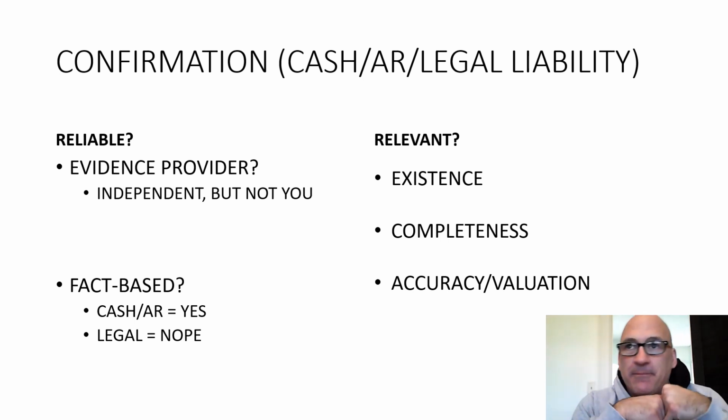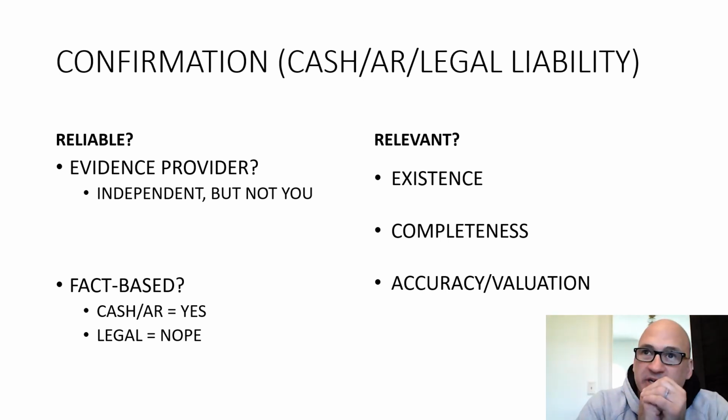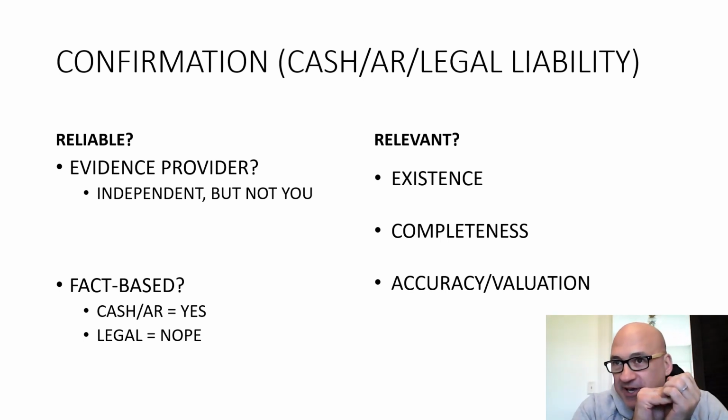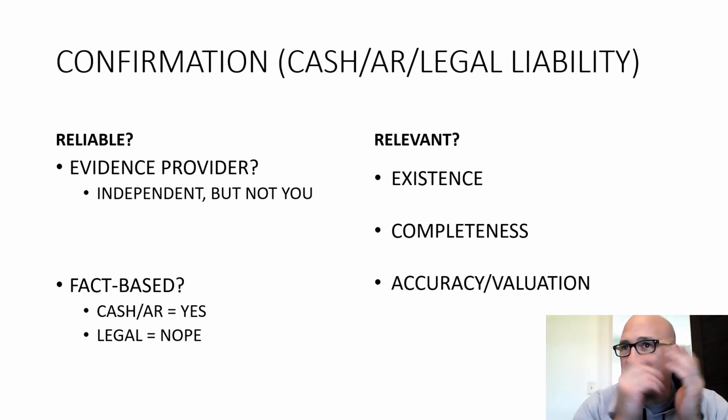When you think about going to a bank and saying, does my client have $20,000 in it? The answer is either yes or no. When you go to a customer and say, you owe my client $20,000, the answer is either yes or no. I consider those to be pretty fact-based. But when you talk about a legal confirmation, is my client going to lose this case or not? The lawyer's going to say, I don't know, this is what I think.